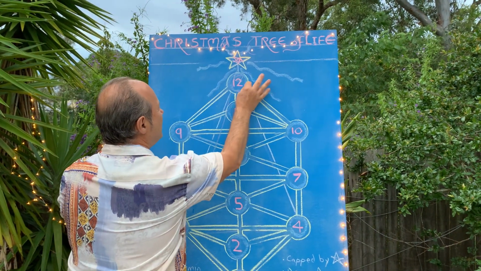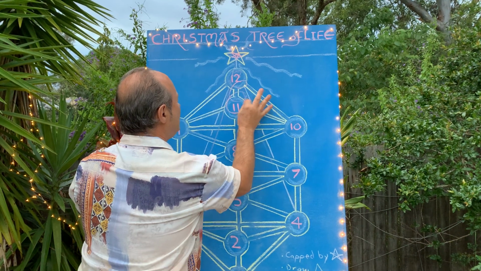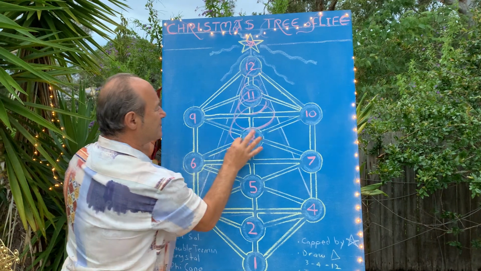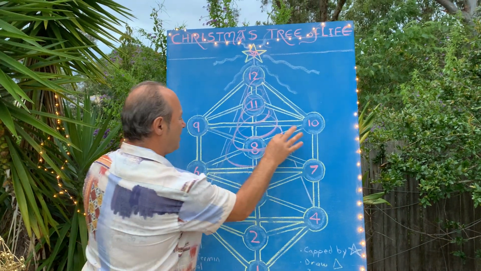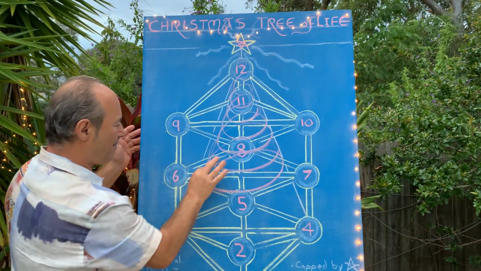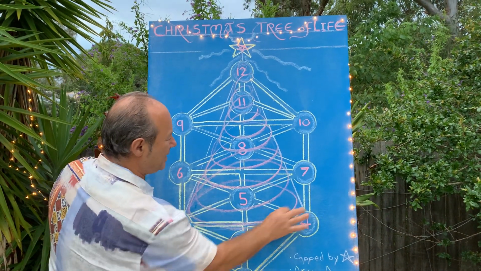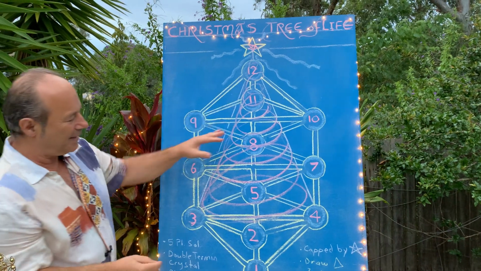So what's happening is that we've got this beautiful energy spiral. It's just forming naturally. It's coming from above, and it's feeding down into our body, into our minds, and into our hearts.